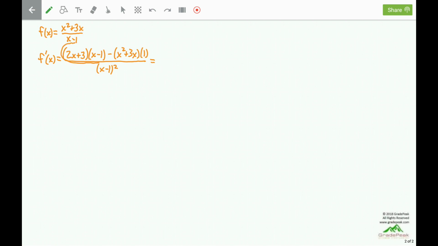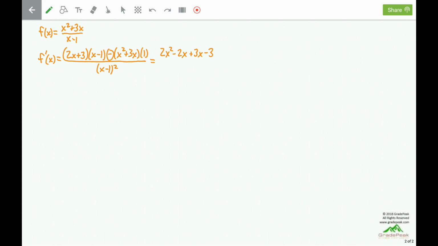In the numerator, we can FOIL out these two expressions. First, 2x times x is 2x squared. Outside, 2x times a negative 1 is a negative 2x. Inside, positive 3 times x is a positive 3x. And last, positive 3 times negative 1 is a negative 3.